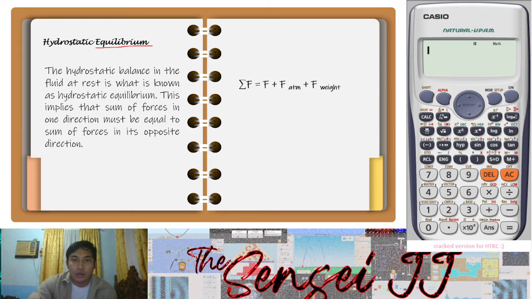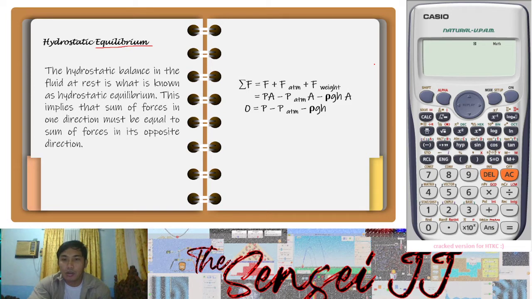We have the sum of the forces equivalent to the force of pressure, the atmospheric pressure force, and the force of the weight. Meaning we have PA, pressure times area, minus atmospheric pressure times area, and minus rho g h times area. So 0 is equivalent to P minus P atmospheric minus rho g h.